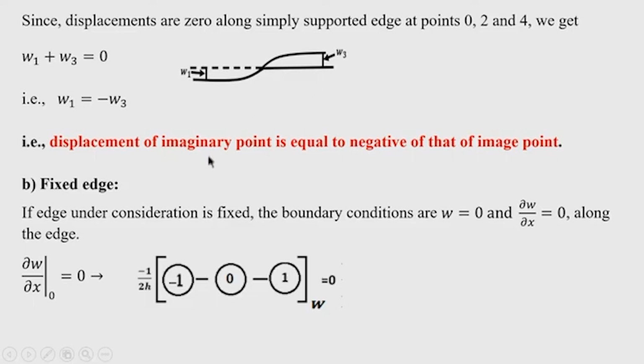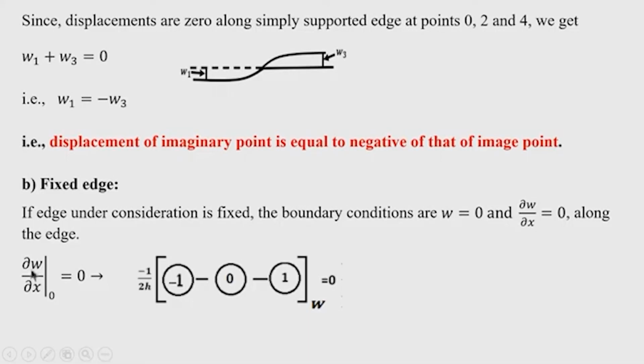So, now we come to the fixed edge condition. In the fixed edge condition, two conditions generally have to be satisfied. One is that deflection is 0, another is that the slope along the normal to the edge should be 0. So, suppose the edge x is equal to a is fixed, then W is 0 at this edge, and also del W by del x equal to 0.